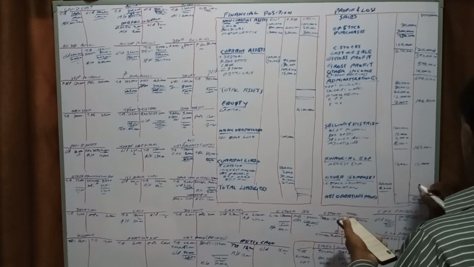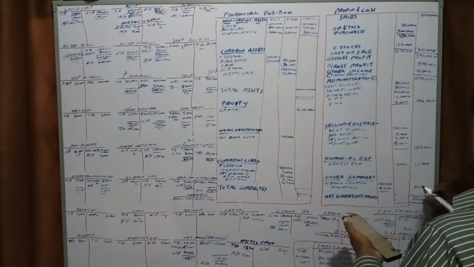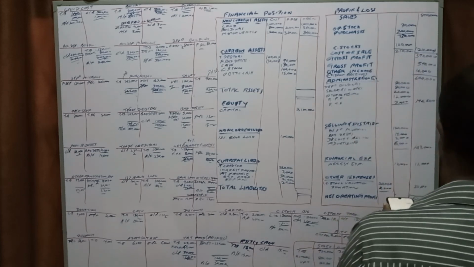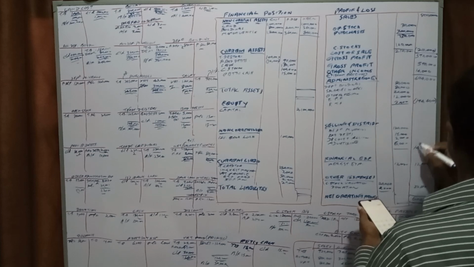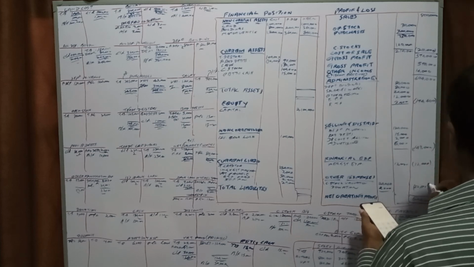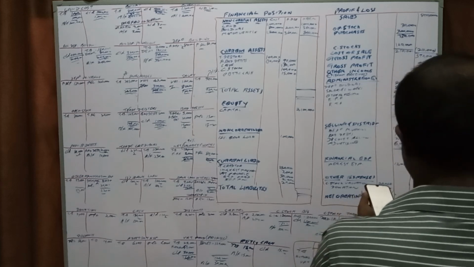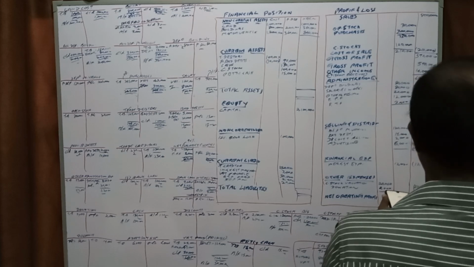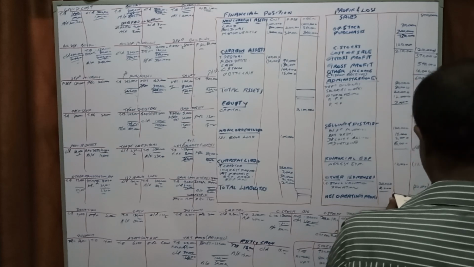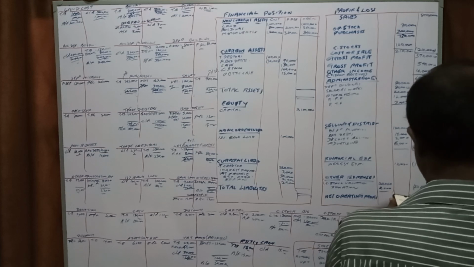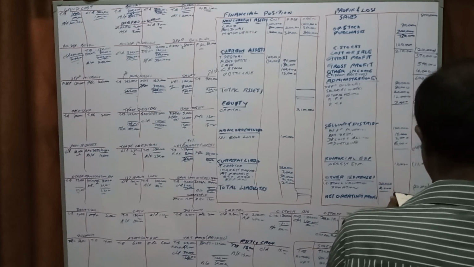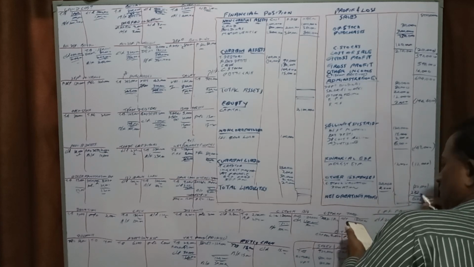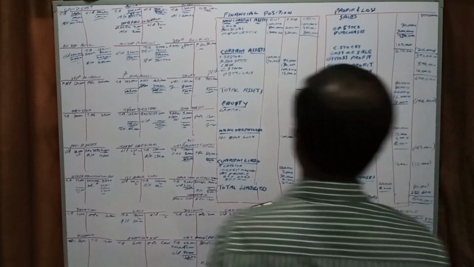Here 22,000, right? All these amounts have to be deducted. 604 minus 4.4 minus 143,000 minus 12,000 minus 22,000, then 232,600 is the profit.